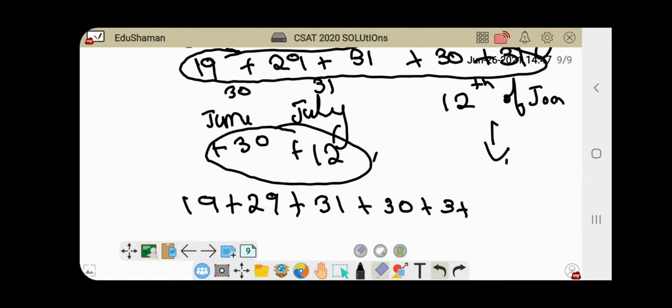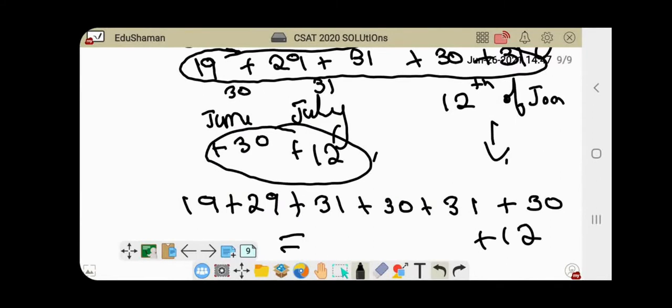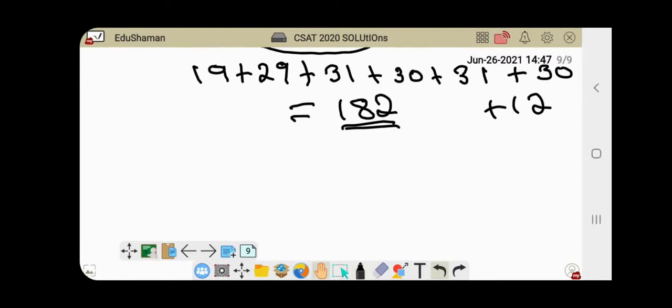So plus 31 plus 30 plus 12. So what is this answer? This is 19 plus 29, 48, plus 31 is 79, plus 61 is 140, 170, 182. So we have passed 182 days to reach 12th of July.